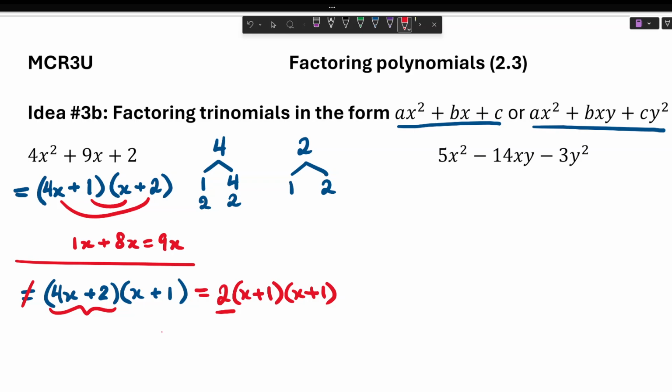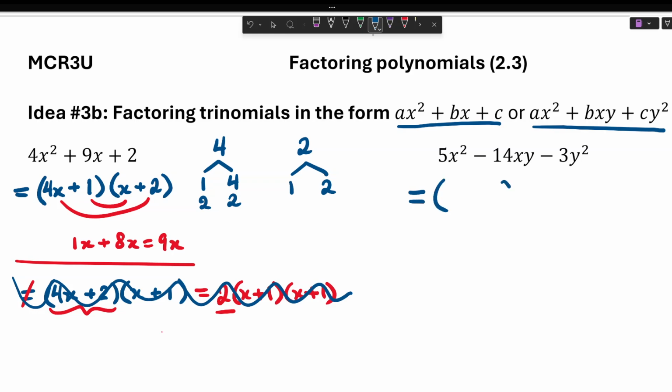So that's another technique that you can use to narrow down your choices quickly: avoiding common factors if there's no common factors in the original. Okay, so I'm going to cross this out so that you know that it's not correct. Let's do the next example, same idea.